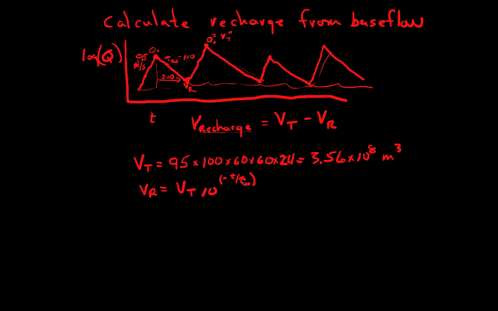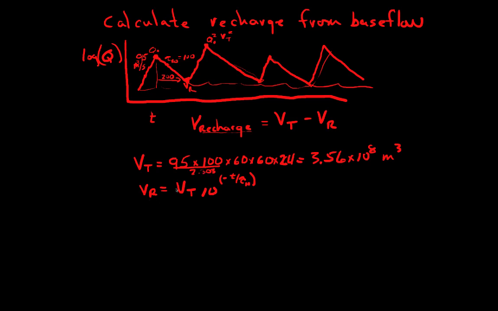If tau is 100 days, let's see. Oh, we need to be a little bit careful. I forgot to divide my 100 days base 10 by 2.303, and I actually did it to get this number. So if you were following along and plugging into your calculator, 95 times 100 times 60 times 60 times 24 divided by 2.303 should equal 3.56.